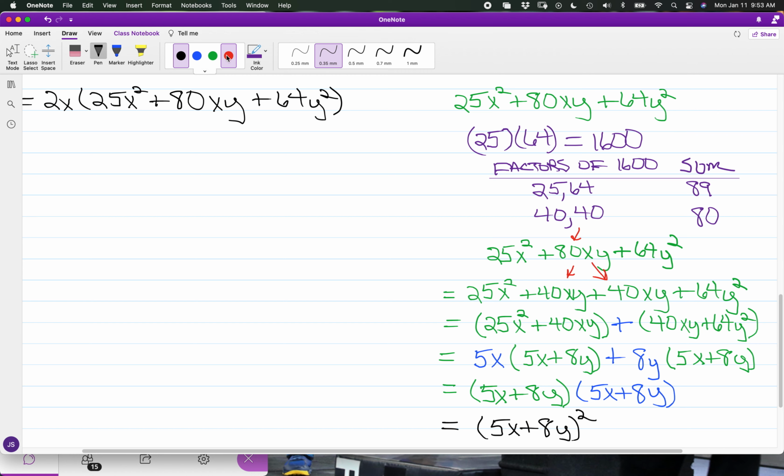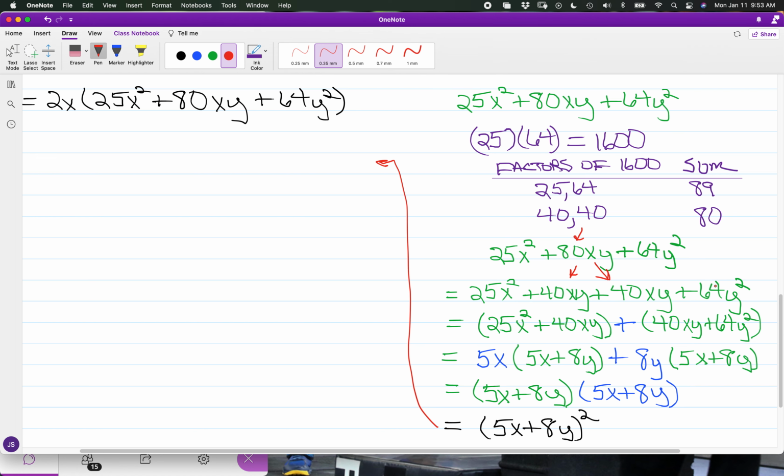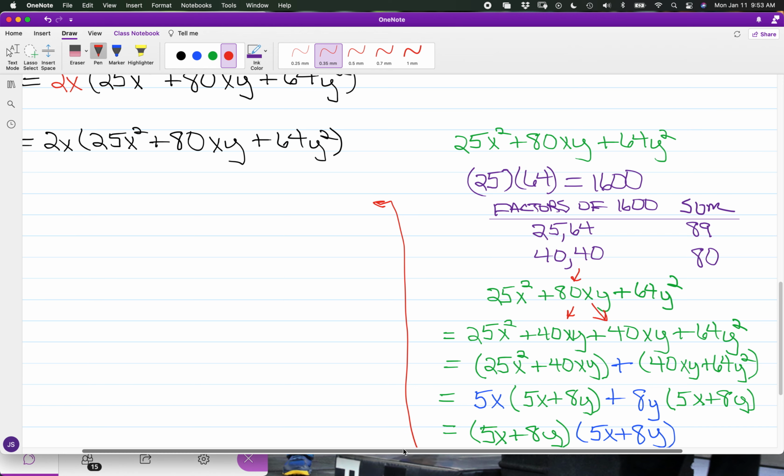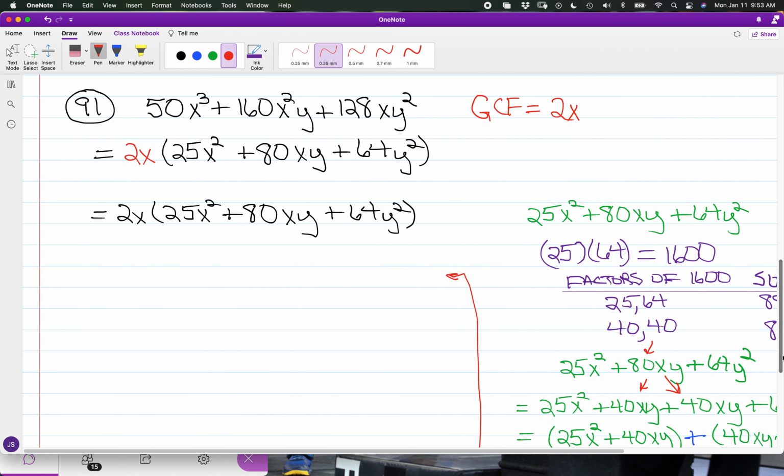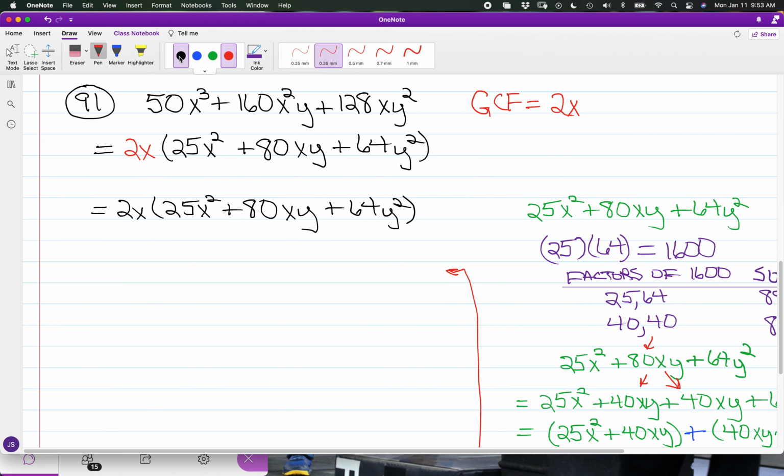And so for what will end up in the result, for the overall solution, for the given trinomial, we have 2x already factored out. And then for the complete factorization along with 2x, again, we're going to have the square of 5x plus 8y.